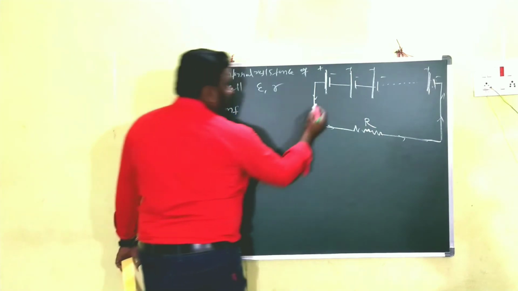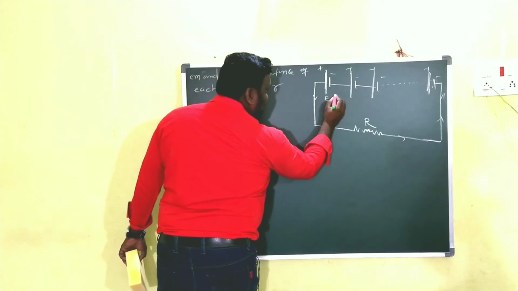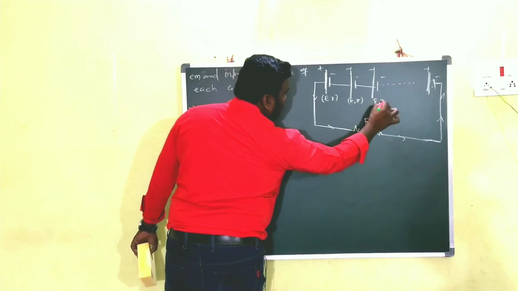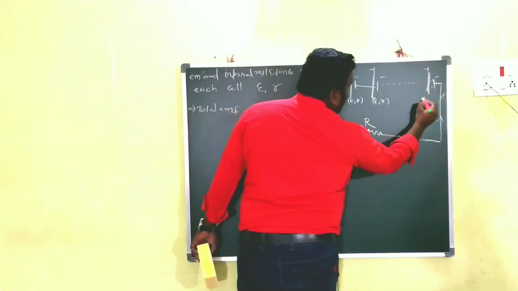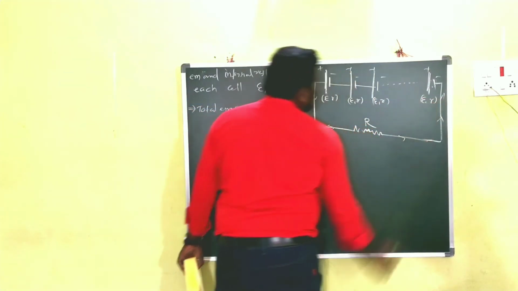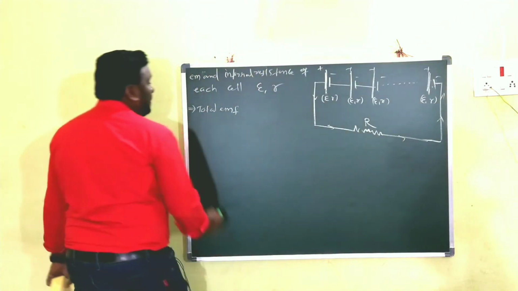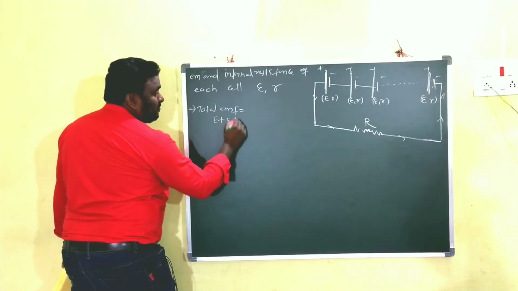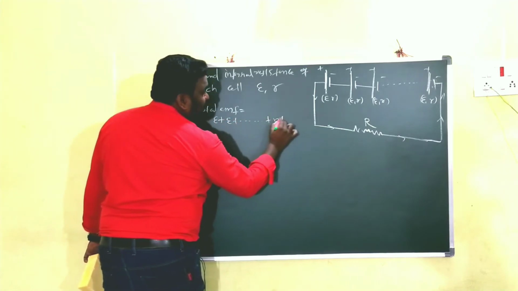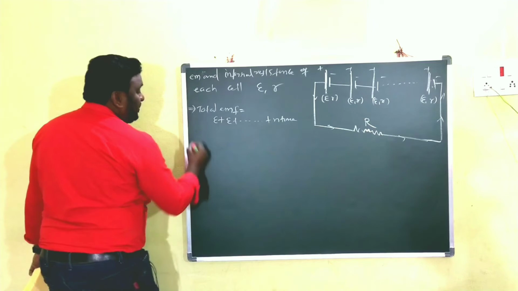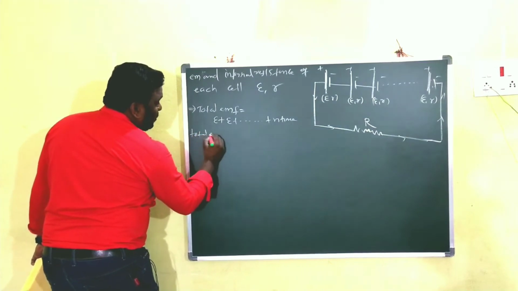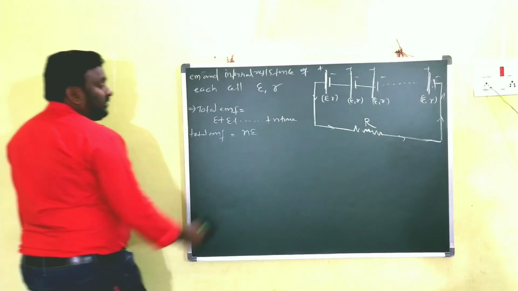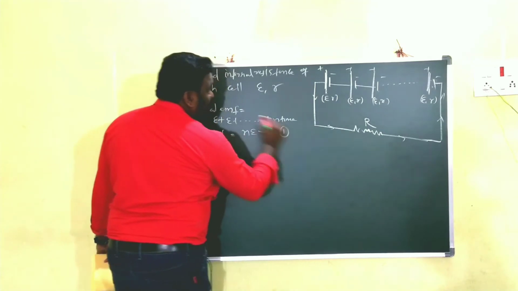Every cell has EMF epsilon and resistance r. All have the same EMF and the same internal resistance. That's why here we write total EMF as epsilon plus epsilon and so on, n times. That means total EMF is n epsilon. Equation number 1.